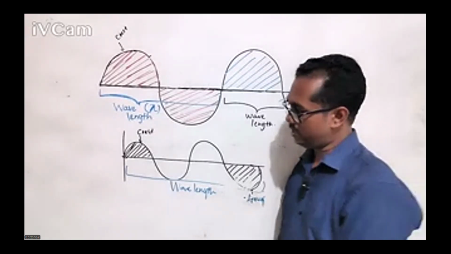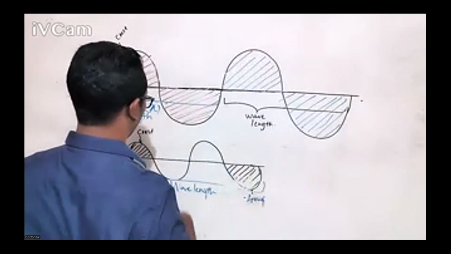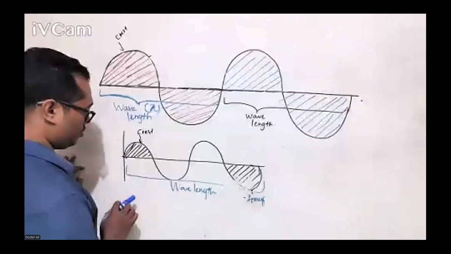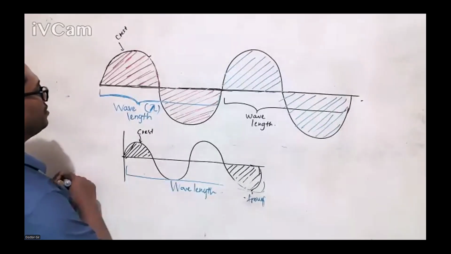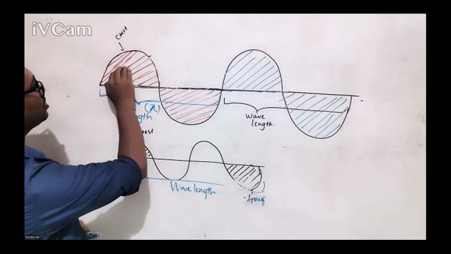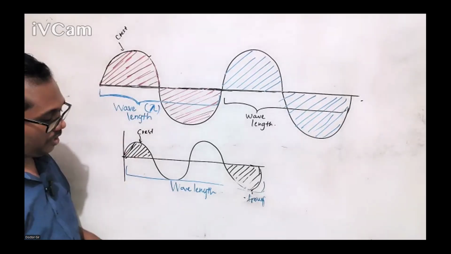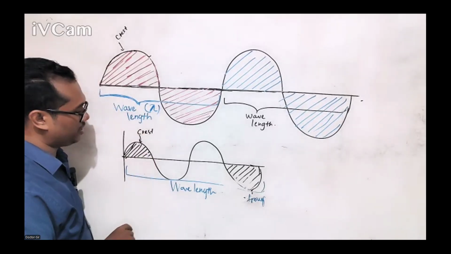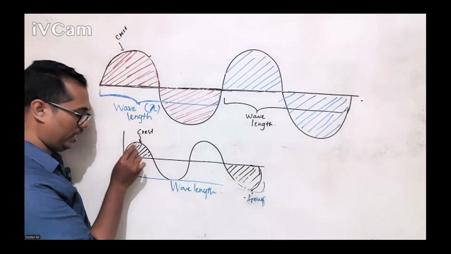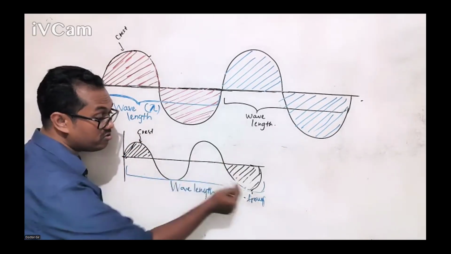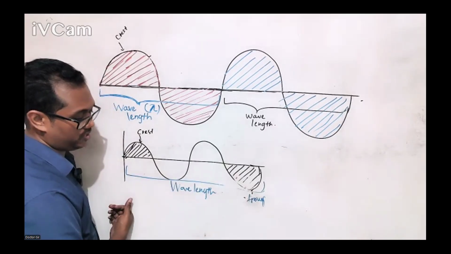That's wrong. Why? They are telling the distance between crest and trough. If you think superficially, that is okay: the distance between crest and trough is the wavelength. But somebody can take a crest from here and a trough from somewhere else, so in between, that distance would also be the wavelength.